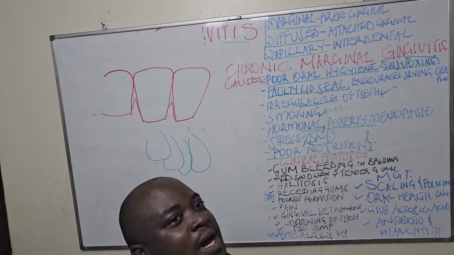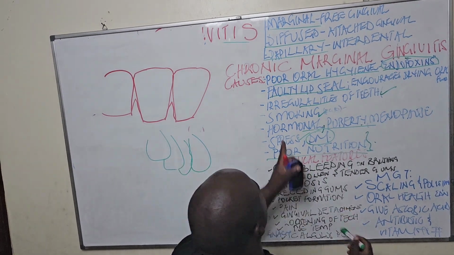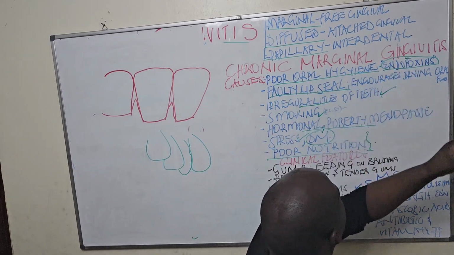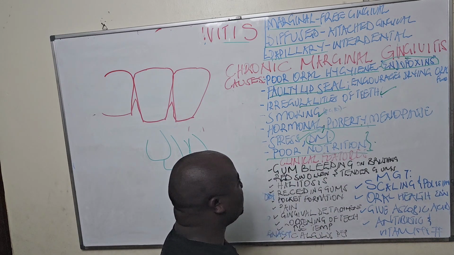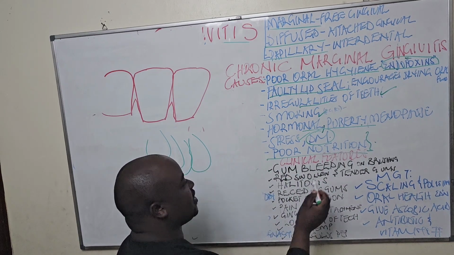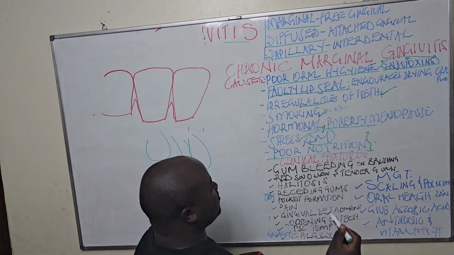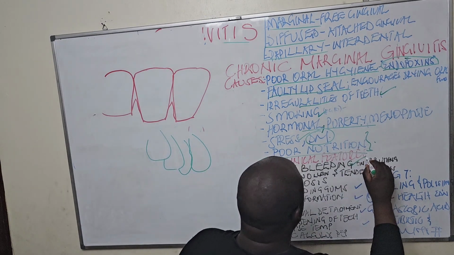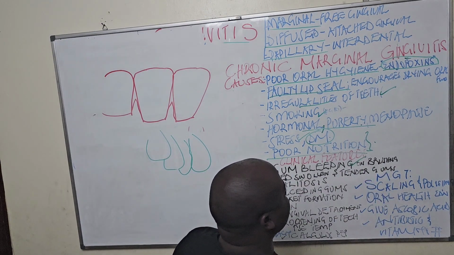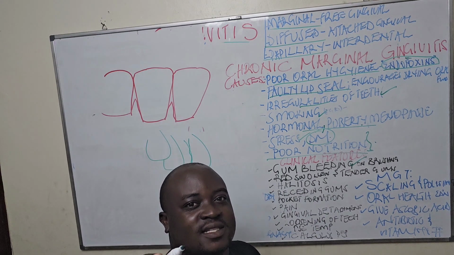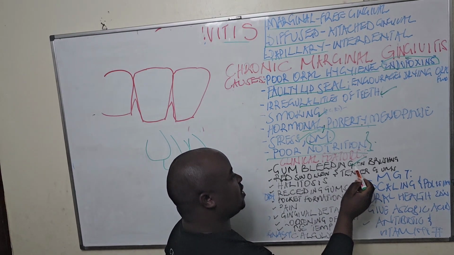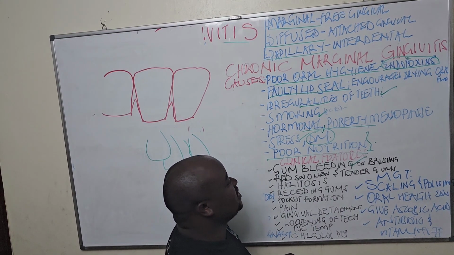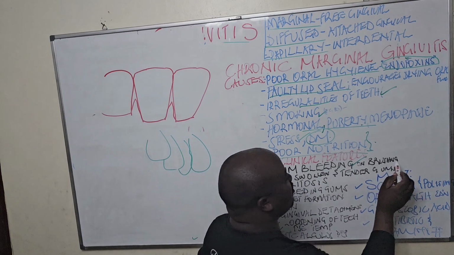Those should be number one, because we are talking about chronic marginal gingivitis. And the good thing is the gum is the one which is swollen. That's why you can have reddening and bleeding of the gum. When somebody brushes quickly, they shall have reddening or bleeding of the gum, on brushing or not.